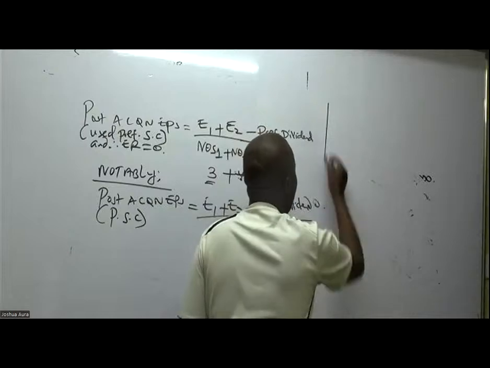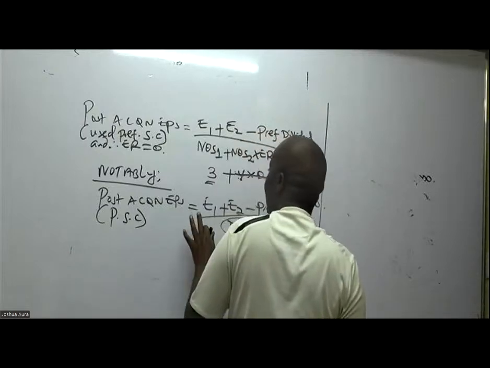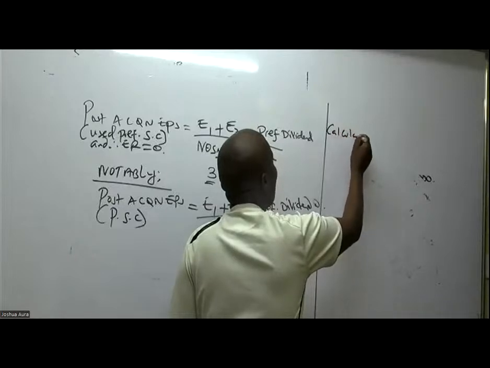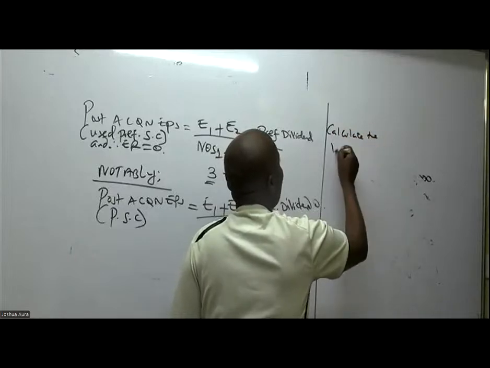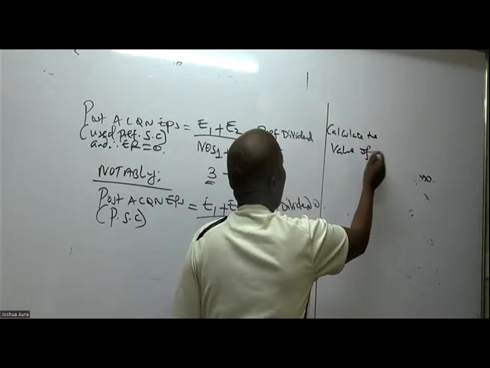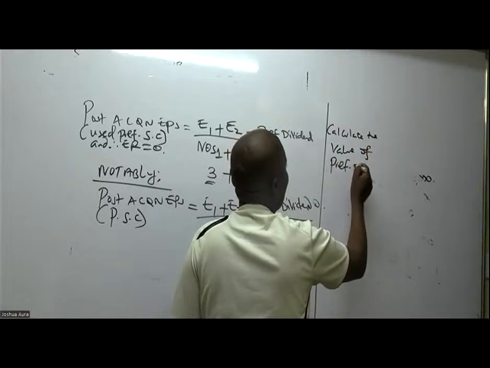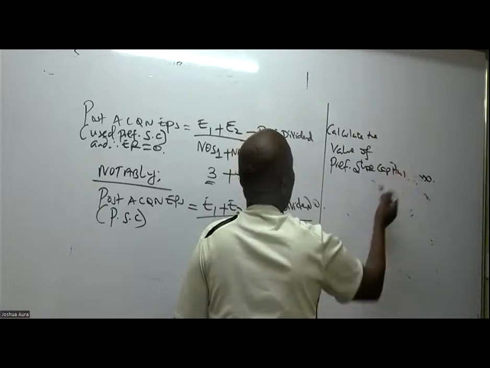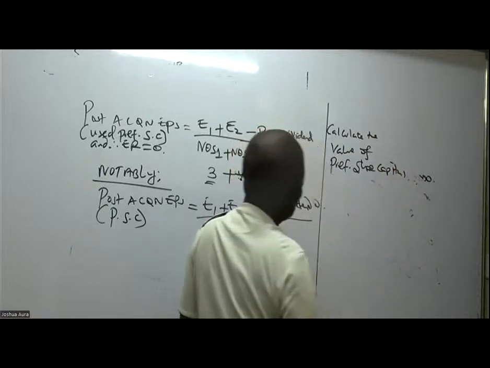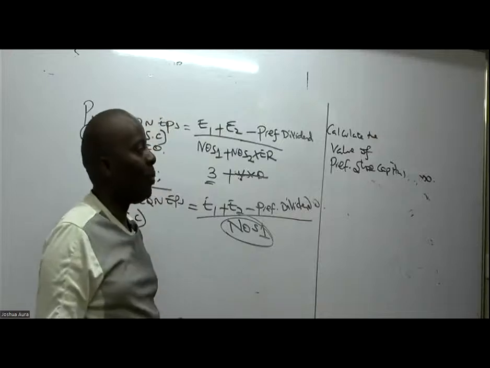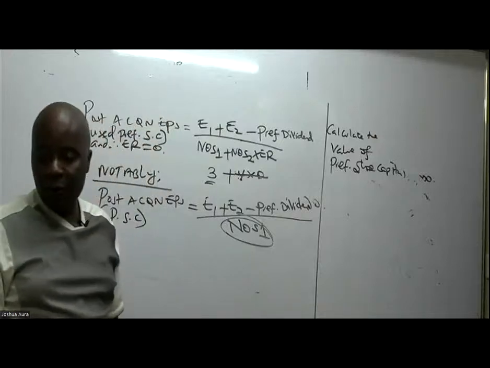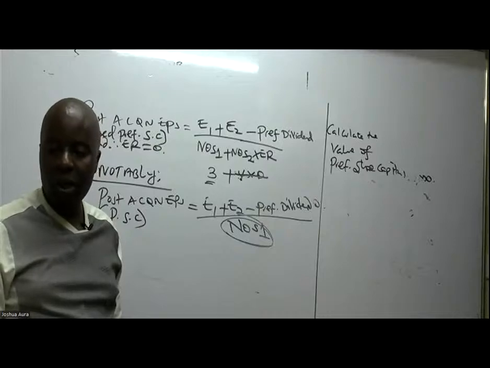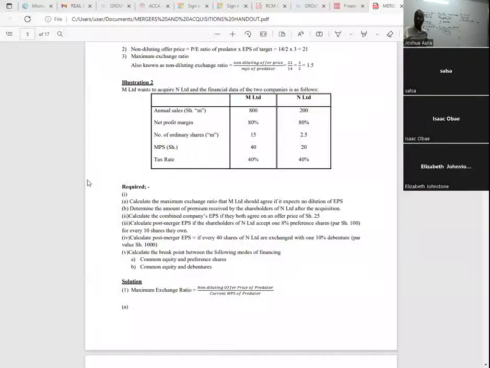And then now, ladies and gentlemen, having appreciated the formula, I'll calculate the value of preference share capital. The preference share capital value basically depends on the number of shares that I issued.